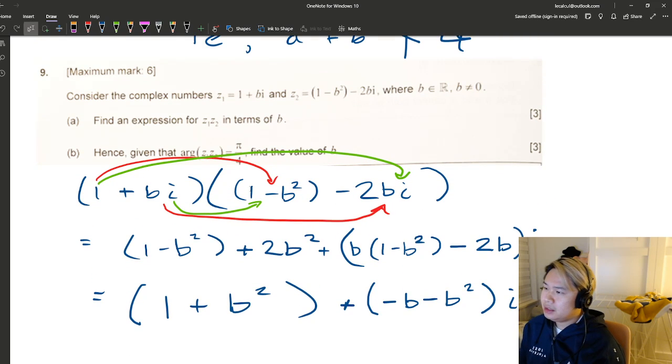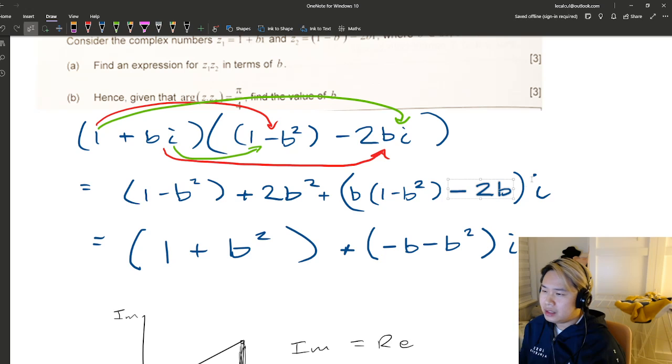Okay, 1 times this stuff is, well, this stuff again. bi times negative 2bi, so you get a b squared, you get a 2, there's a negative, and then the two i's make another negative, which makes it positive. Okay. 1 times negative 2bi is going to be negative 2b with the i, and then this one times that one is going to be this.